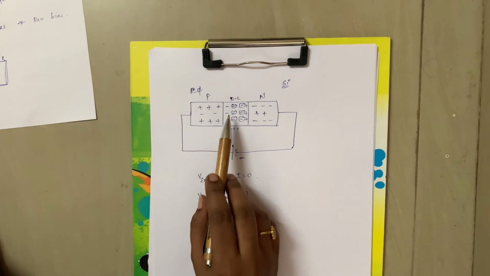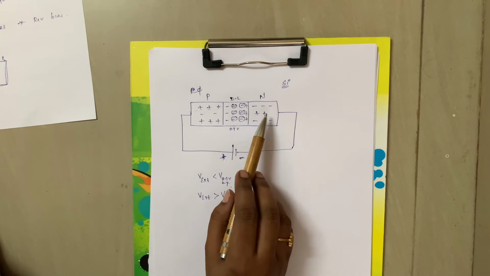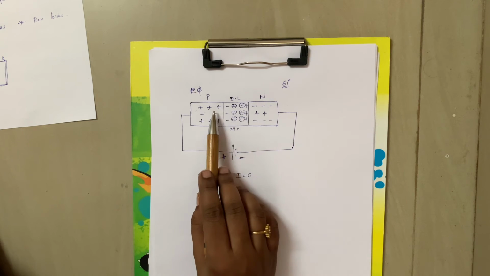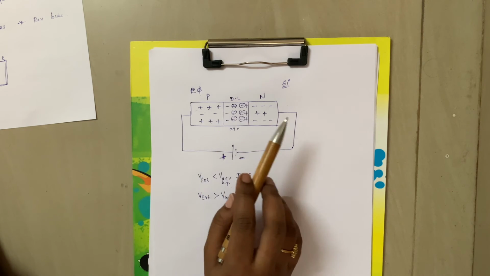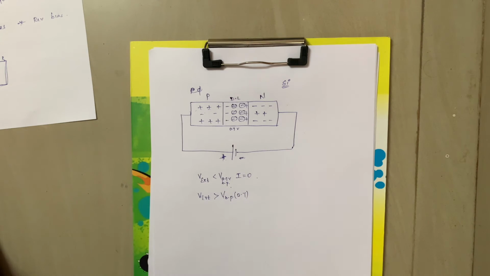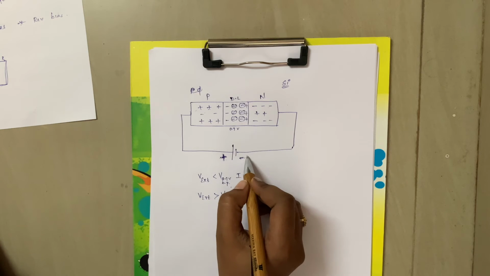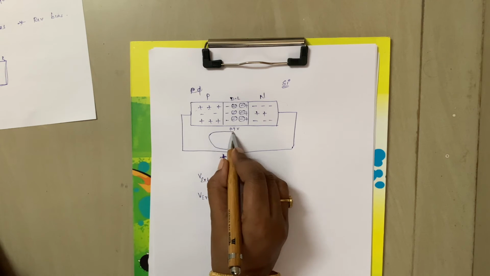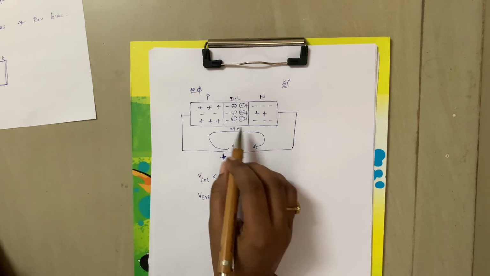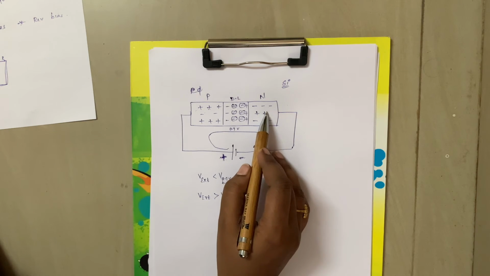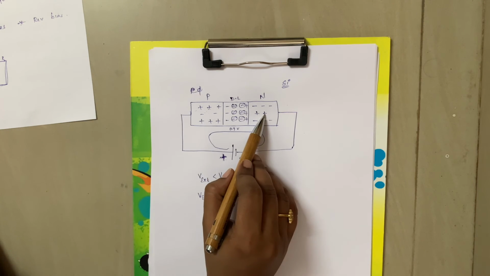So when current flows, the recombination of electrons and holes takes place. So that's why the PN diode operates in forward bias condition and current will move from positive to negative, hence the current flows in this direction from anode to cathode, or from P layer to N layer.